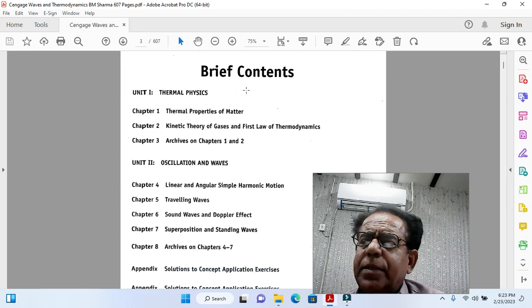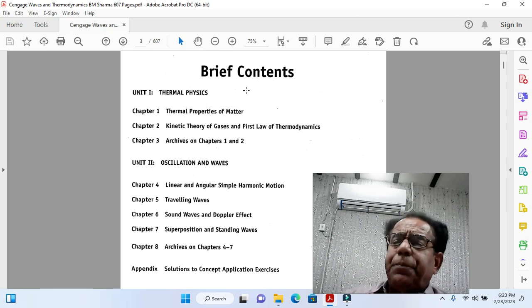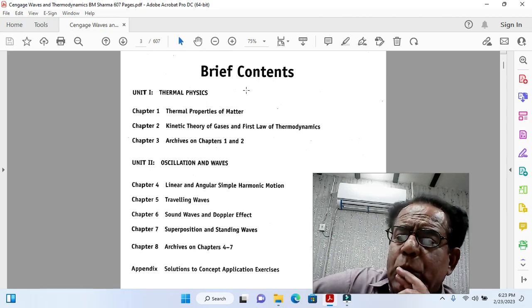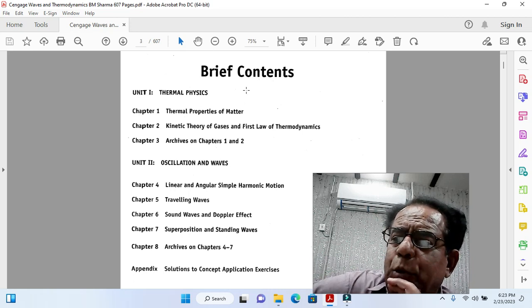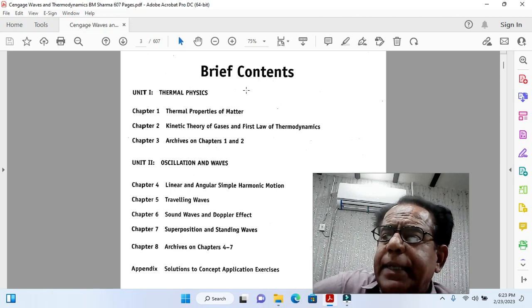Now we come towards the contents. Thermal physics. This is unit number 1. Thermal physics: thermal properties of matter, kinetic theory of gases, and first law of thermodynamics.